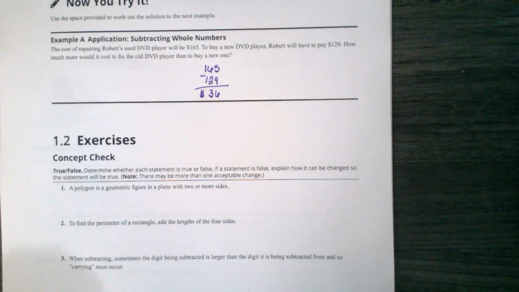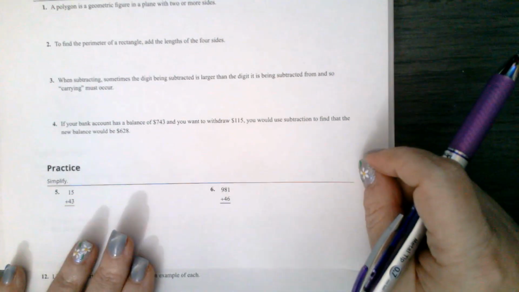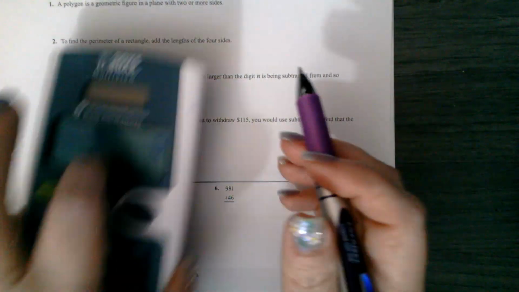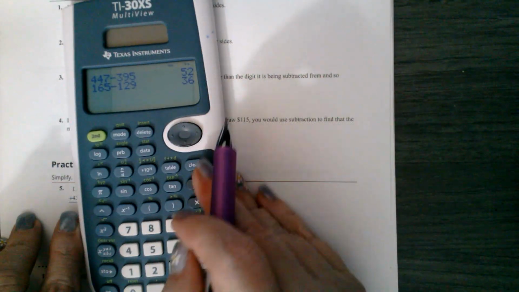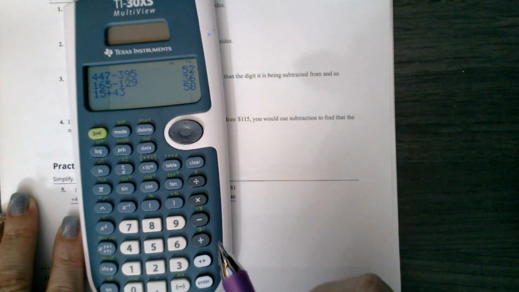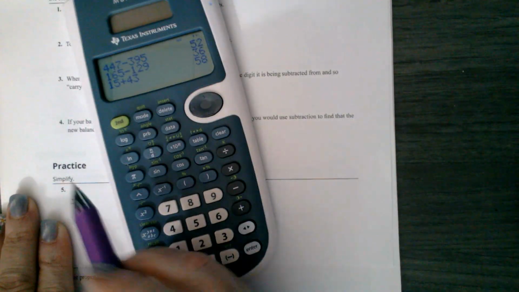Skipping the concept check, going on down. If we were to put these in, 15 plus 43, get 58.